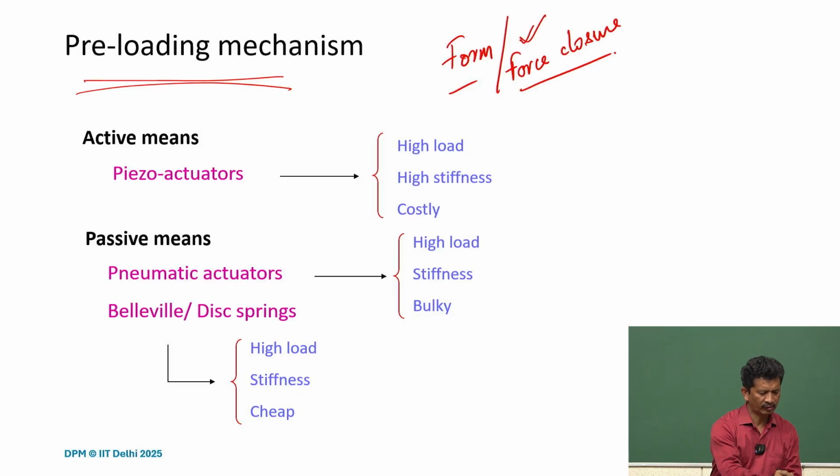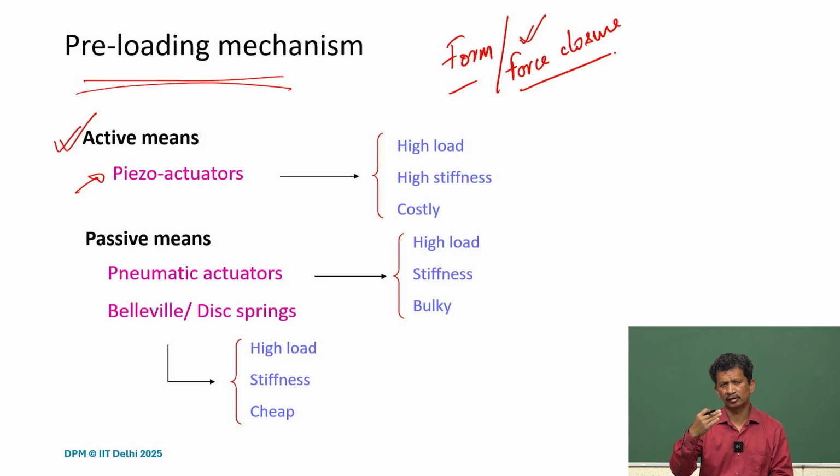There can be active means. We can have actuators sitting at the back. Many of the designs have this. They have piezo actuators, and it always works in closed loop. You measure the air gap, and accordingly you change the preloading. So of course you can get a very high preloading, and you can achieve very high stiffnesses as well.